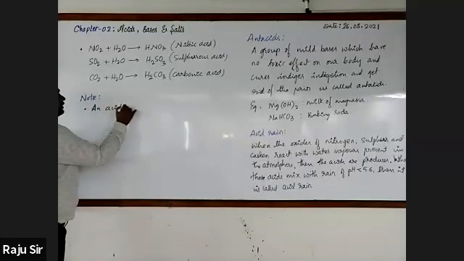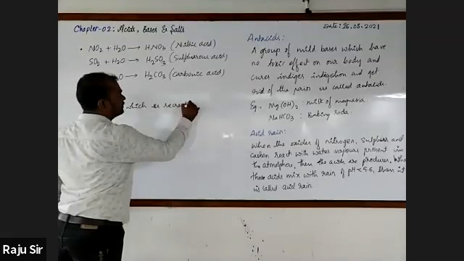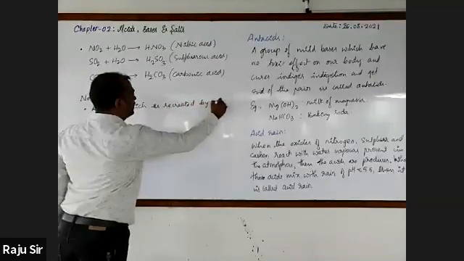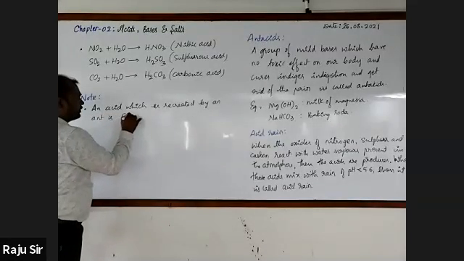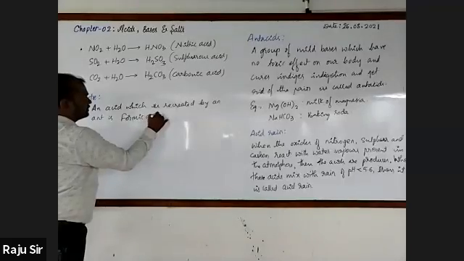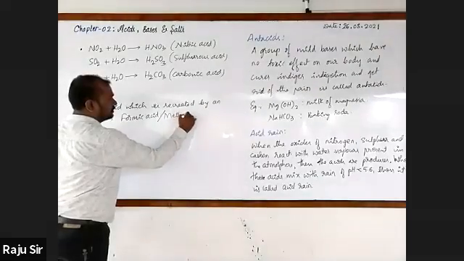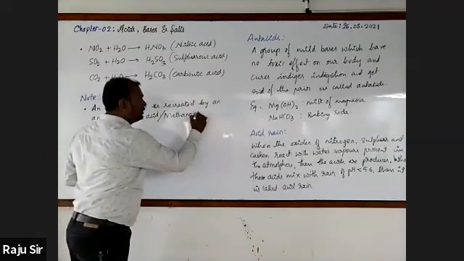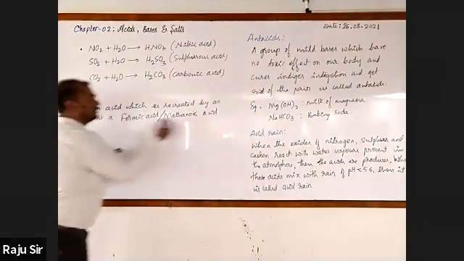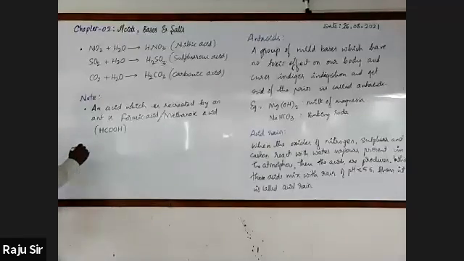An acid which is secreted by an ant is formic acid, also called methanoic acid. And write the chemical formula of this. It is HCOOH.